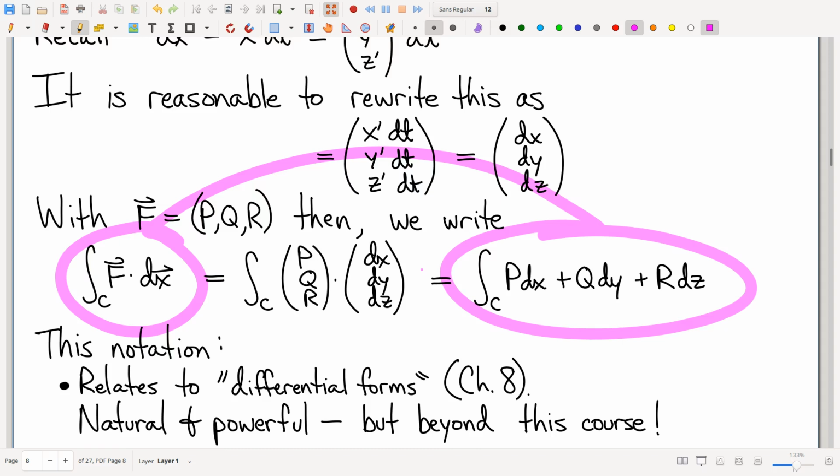I'm going to further complain that this notation is what I'm going to call unnatural, as follows. You look back at this notation over here, the vector field F is very natural. It represents, let's say, force, or maybe fluid velocity. It represents something that's natural in the question. dx represents displacement, how much I literally move as I move along the curve. Also very natural. All of this stuff is coordinate dependent.